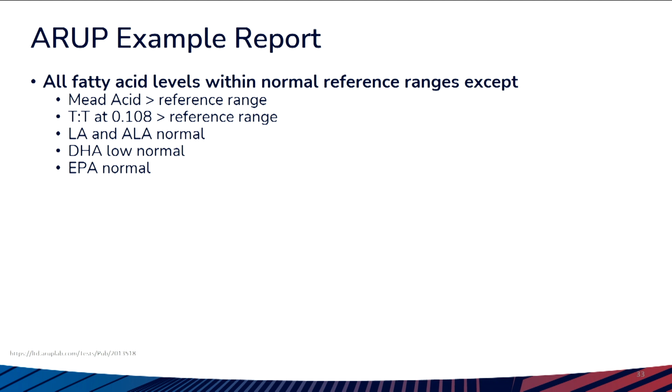But when you really look at that example report, the Mead acid was greater than the reference range. The TT ratio was greater than their reference range, but lower than the Holman index. But their LA and ALA are normal, DHA was normal, and EPA was normal.